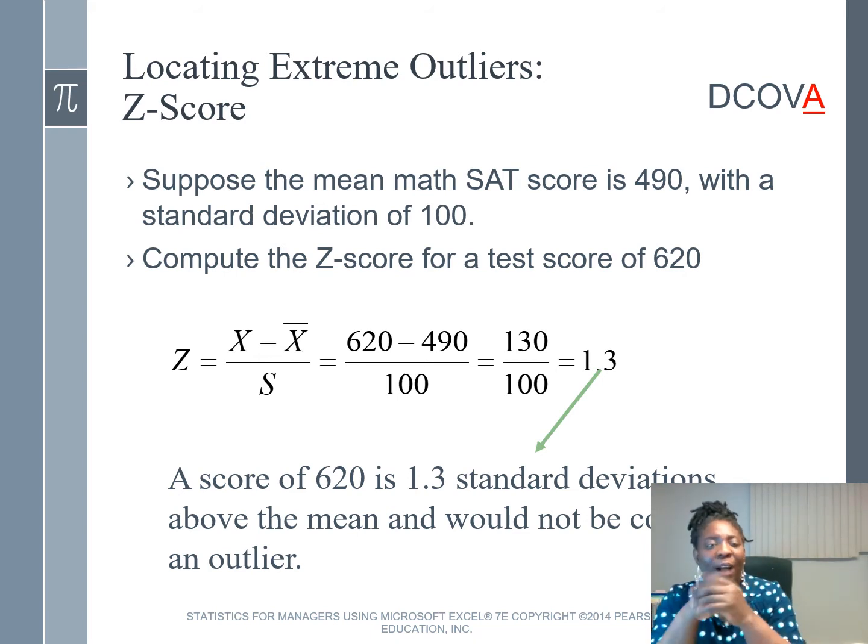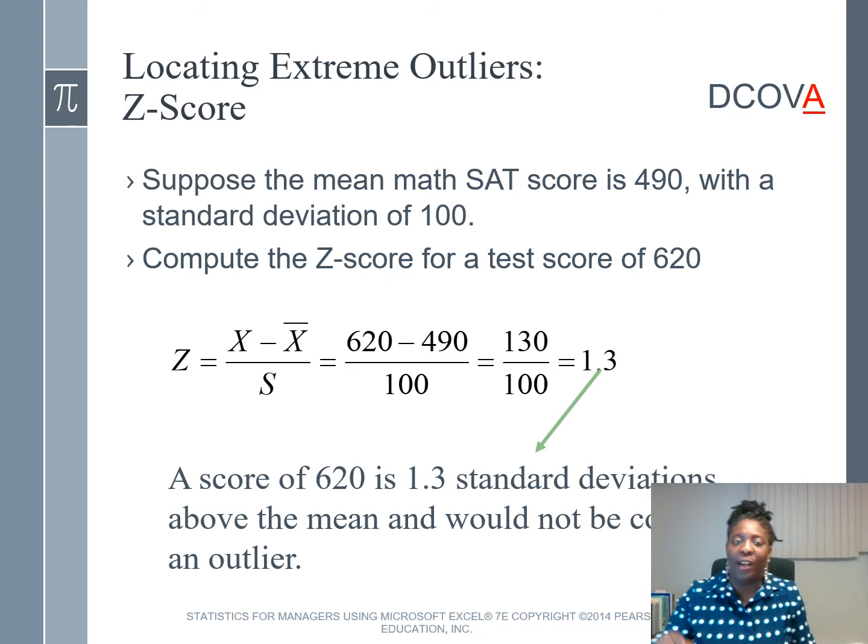Here's an example of how you would use it. Suppose the average SAT score is 490 and the standard deviation of all the takers of the SAT is 100. What is the z-score for a value of 620? It's 620 minus 490, divided by 100.